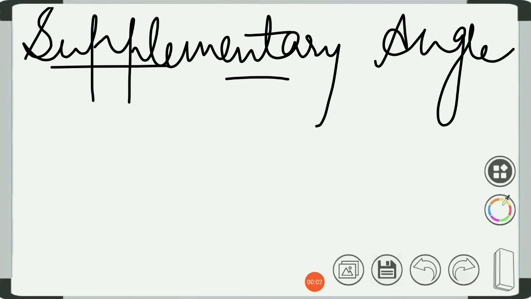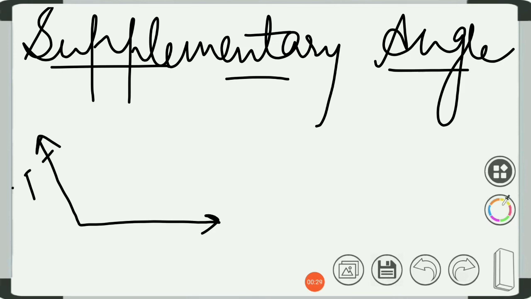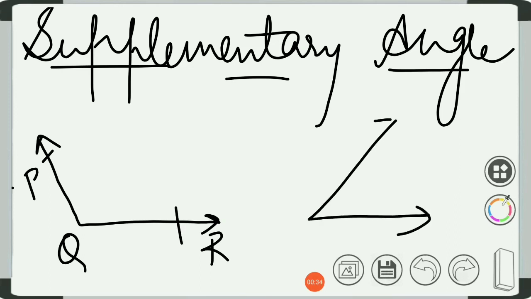Now supplementary angle. We have studied in complementary angles that two angles are complementary only when the sum of their measures is 90 degree. But in supplementary angles, two angles are supplementary only when the sum of their measures is 180 degree. For example, look at the figure: angle PQR and angle XYZ.